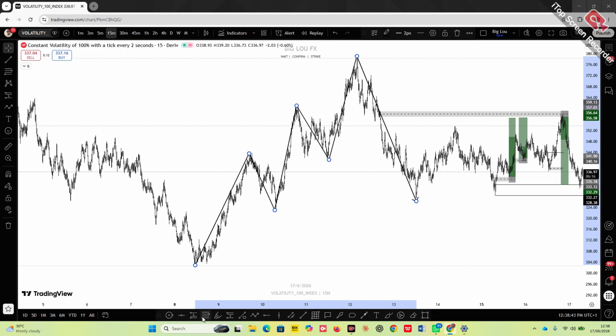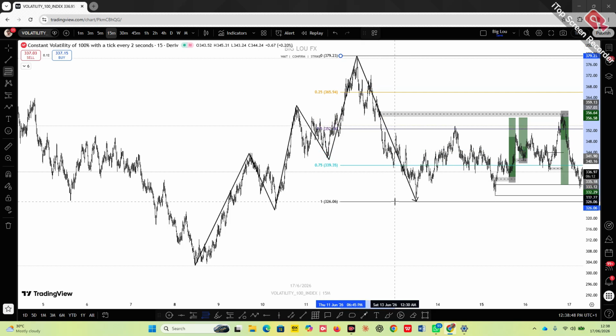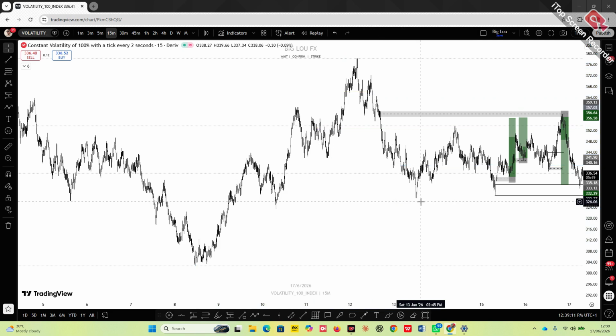If you mark the level from this high to this low, you could see that this 50% line is the equilibrium. Above the 50% is the premium, so we are going to look for sales in the premium. Price needs to get into premium before you could do any form of valid sale. That was what led me to taking this buy. This buy was actually a counter that will take me back to premium.